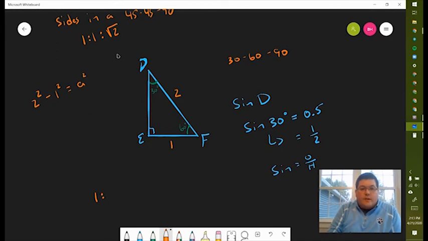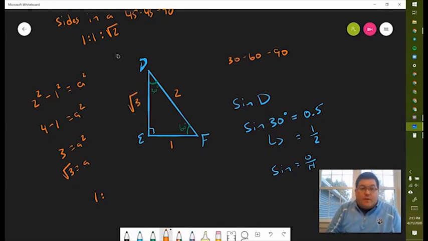This side will equal hypotenuse squared minus this. Well, 2 squared is 4, minus 1 is 1, right? So there's 3 is equal to a squared, or a is equal to the square root of 3.